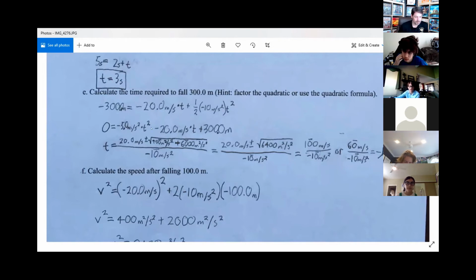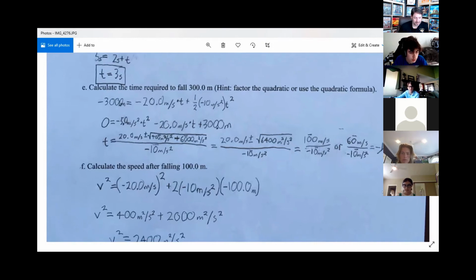And then you can factor that. I didn't factor it like normal because it's 300 and I didn't want to think that hard. So I put it in the quadratic formula, and you get negative 10 seconds or positive 6 seconds. But negative 10 doesn't make any sense, so it's got to be positive 6 seconds.